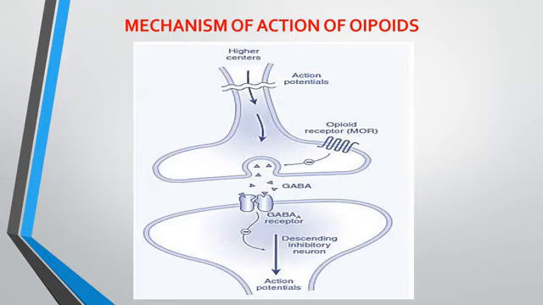As for the mechanism of action, the receptors are present on the primary afferent neurons. They help in releasing the neurotransmitter GABA, which causes activation of the descending inhibitory neuron, so that action potentials are not sent through the pain pathway. This is the mechanism of action of opioid receptors.